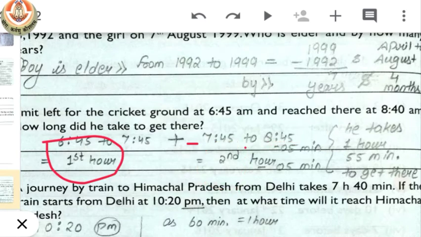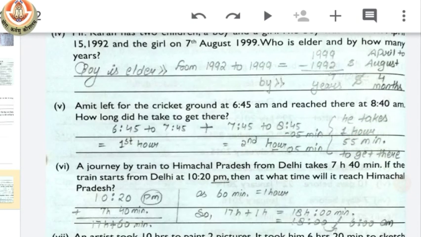But he reached there at 8:40, which means 5 minutes before completing 2 hours. So he took 1 hour and 55 minutes to get there.